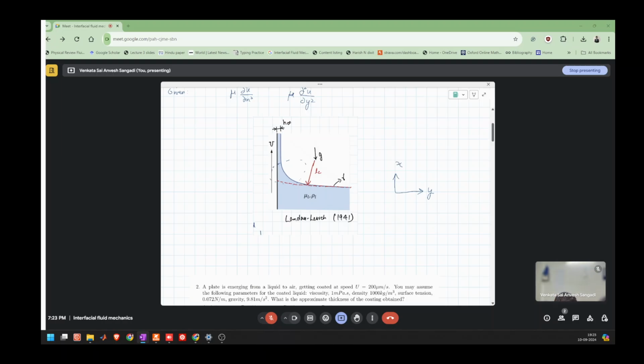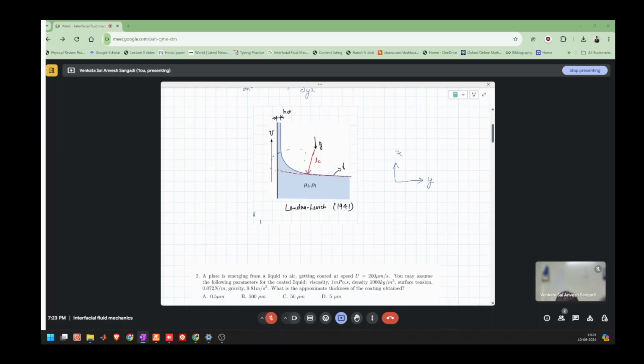With such a coordinate system, u changes a lot less in the x direction than in the y direction, so del square u by del y square dominates.